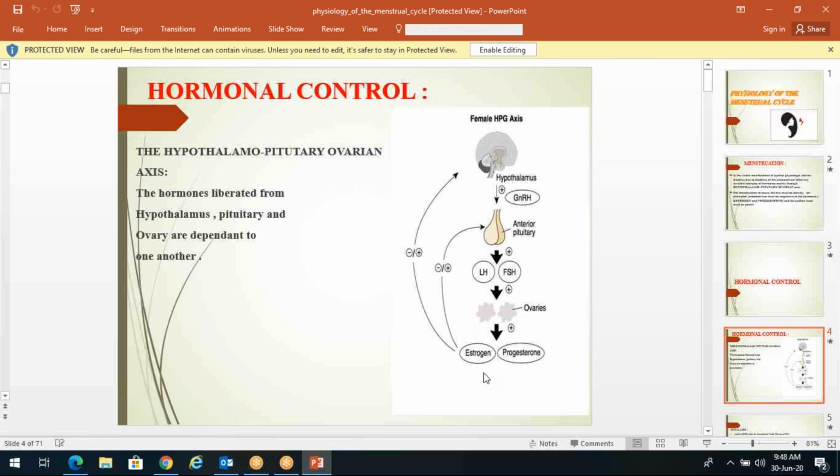It is progesterone. So before ovulation it is estrogen, and after ovulation it is progesterone. So this is the axis. And again, estrogen and progesterone have positive and negative feedback effects on both the anterior pituitary and the hypothalamus, regulating how much of the stimulating hormones like GnRH, LH, and FSH should be produced in the body. This is the hormonal control.